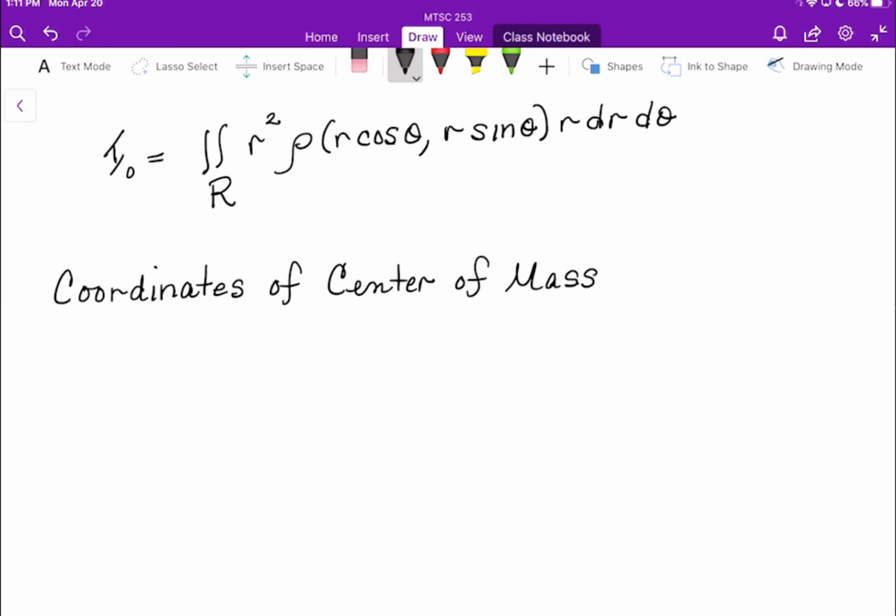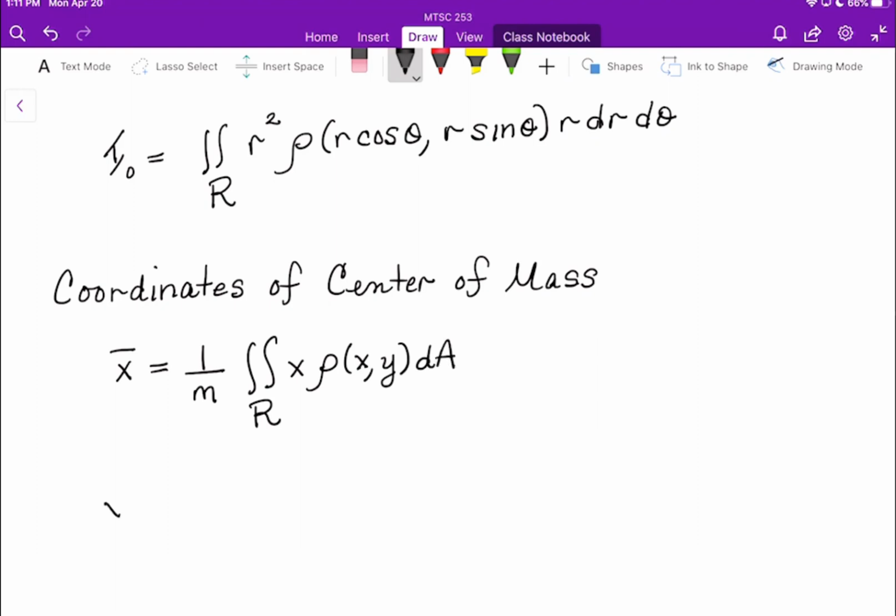And then we divided that by the mass. So the x coordinate is 1 over the mass, the double integral over the region of x, and then we have to multiply by dm, which is dA.